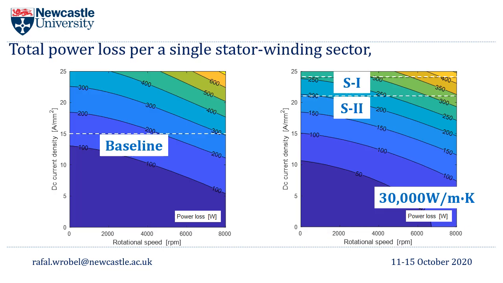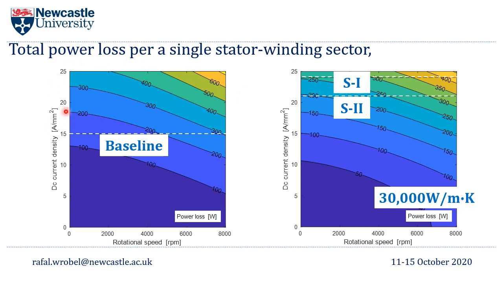The next slide illustrates the total power loss per single stator winding sector. Here we have all losses accounted for, both winding, AC and DC, core loss and any additional loss associated with the heat pipe assembly.